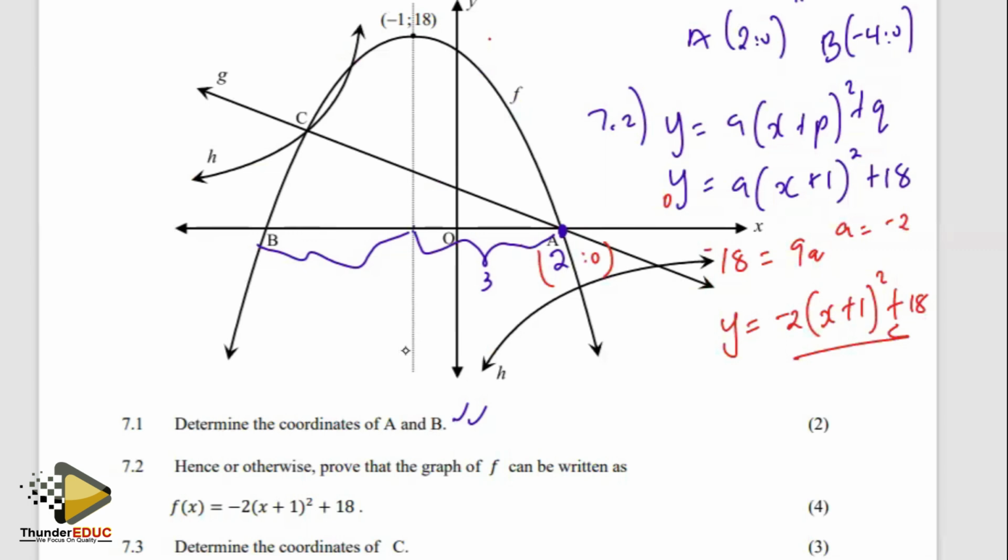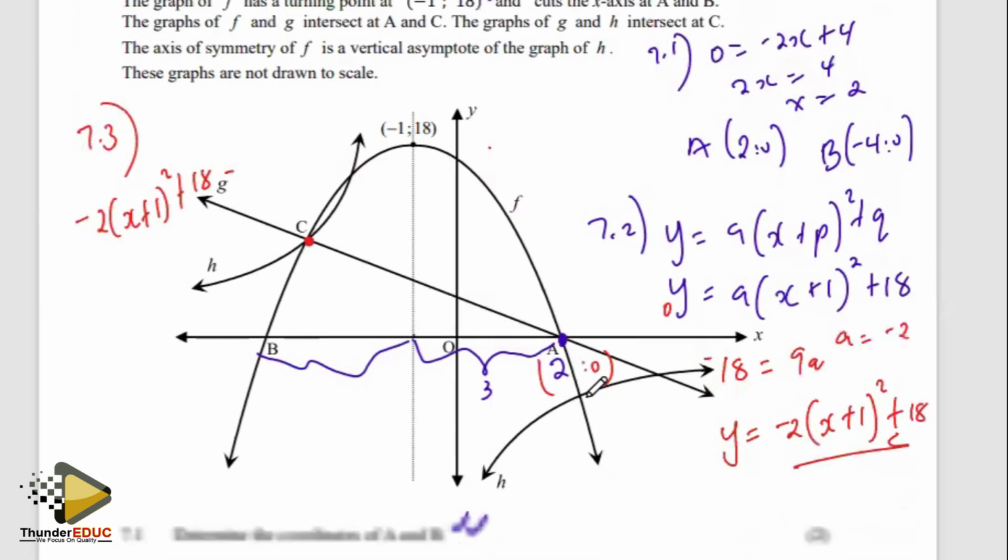So with coordinates of C, we can see that that's where the two graphs are meeting. So equate the equations, okay? I can have negative 2 into x plus 1 squared plus 18 minus, remember it was a minus 2x, so it means it's going to be plus 2x minus 4 should be equal to 0.